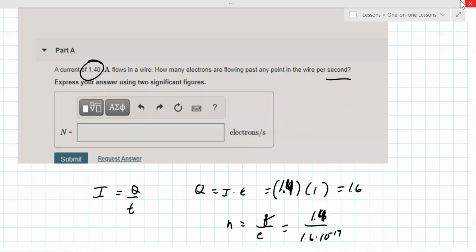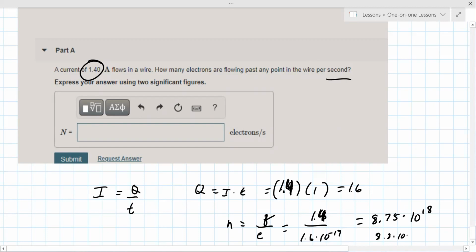So 8.75 times 10 to the 18 is the number of electrons, which seems really large, but electrons are quite small, so it's reasonable. There are two significant figures, so you might go 8.8 times 10 to the 18 for your answer. 8.8 times 10 to the 18th. That's correct.